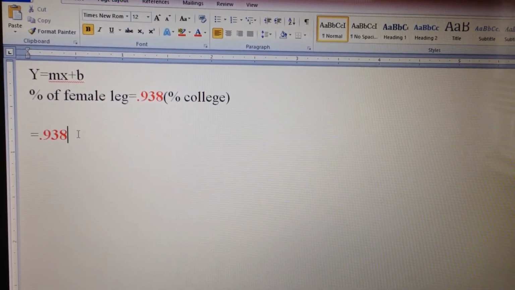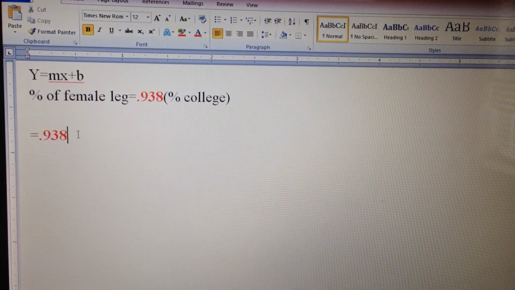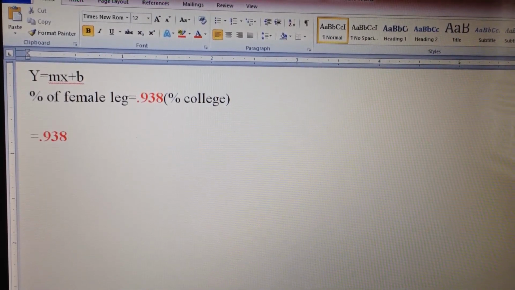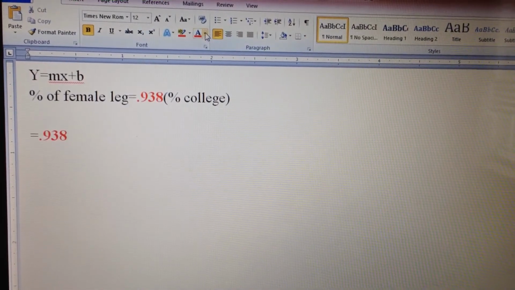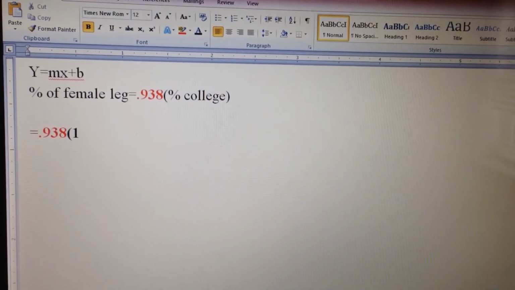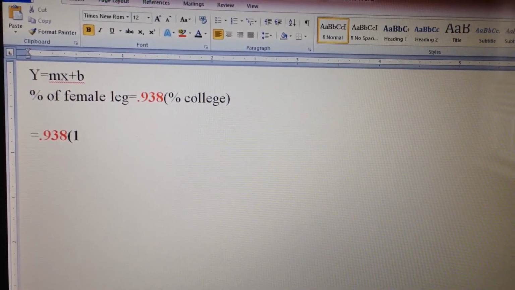Let's pick on a state. I'm from Pennsylvania, so we'll pick on Pennsylvania. Let's say Pennsylvania only has 1% that went to college.